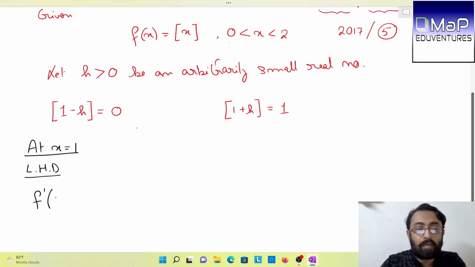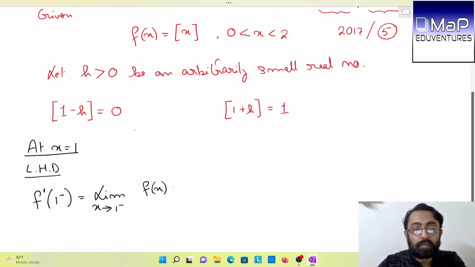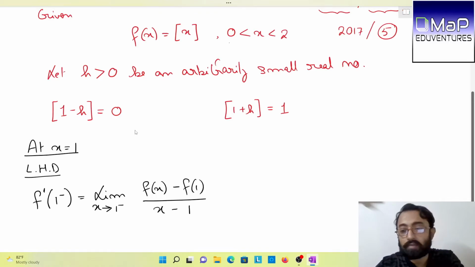At x equals 1, the left hand derivative formula is f dash 1 minus equals limit x tends to 1 minus of f of x minus f of 1 divided by x minus 1.